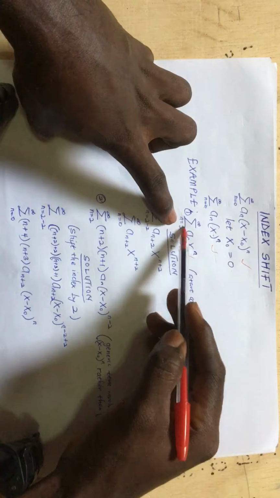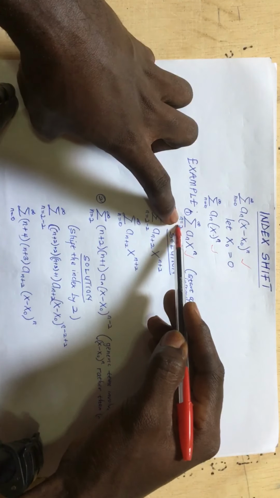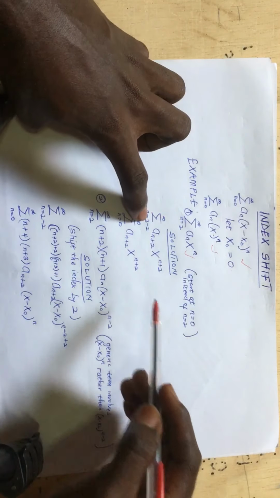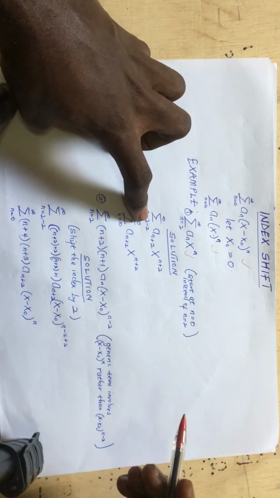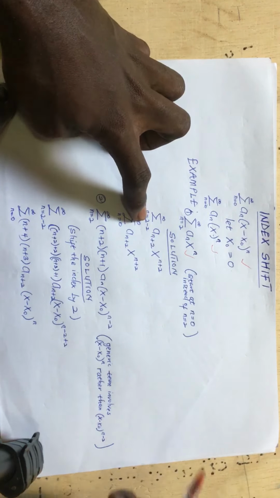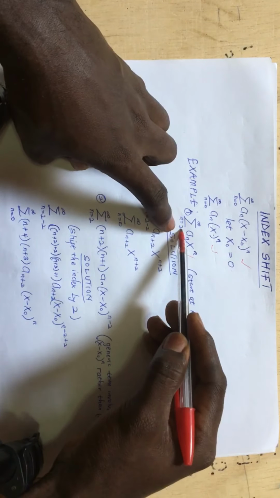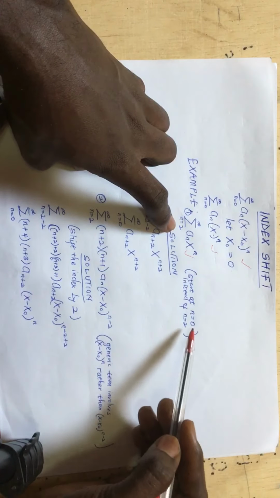That means our index started from 2 to infinity, and here we are to start from 0 instead of 2.